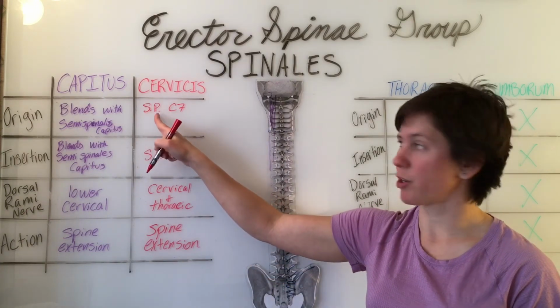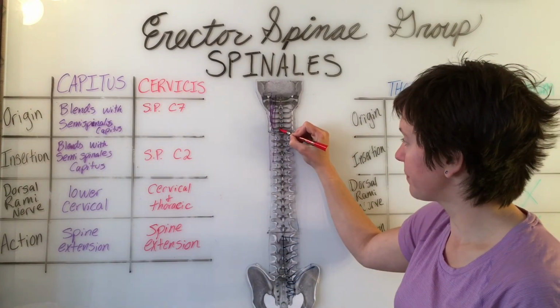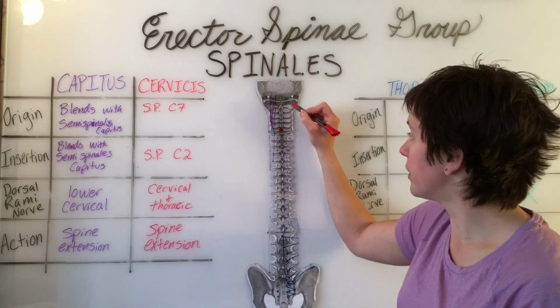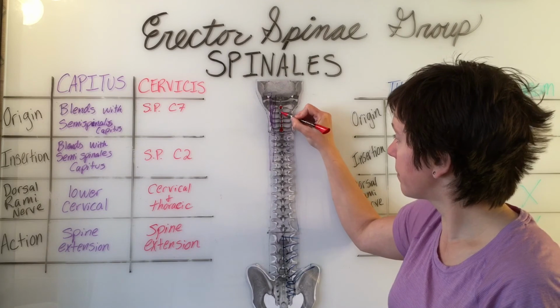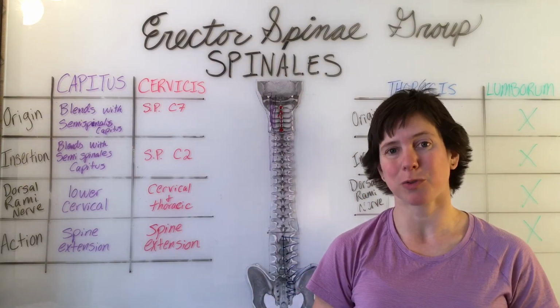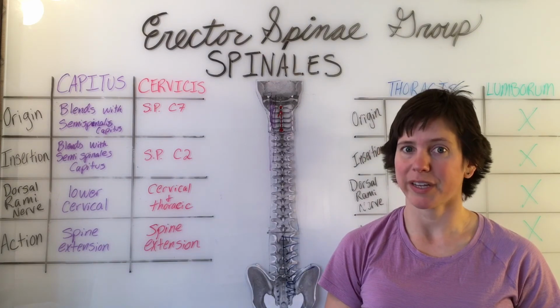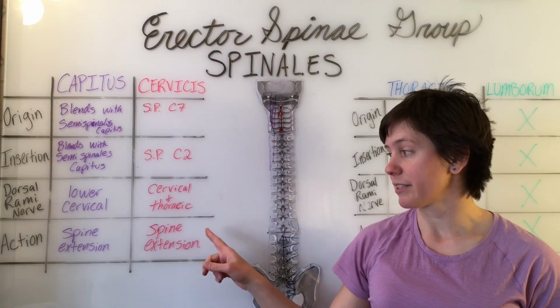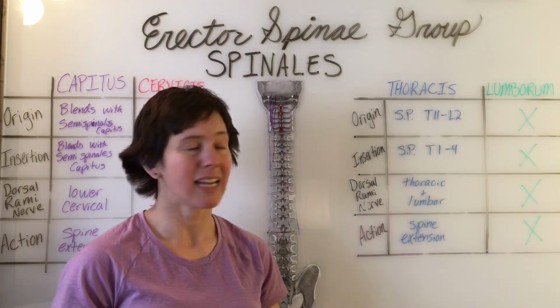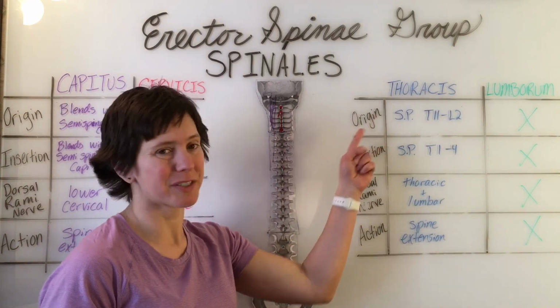The Spinalis cervicis will originate on the spinous process of C7 and insert on the spinous process of C2. It is innervated by the dorsal rami of the cervical and thoracic nerves, and its action is the same, spine extension. Lastly, we have Spinalis thoracis.